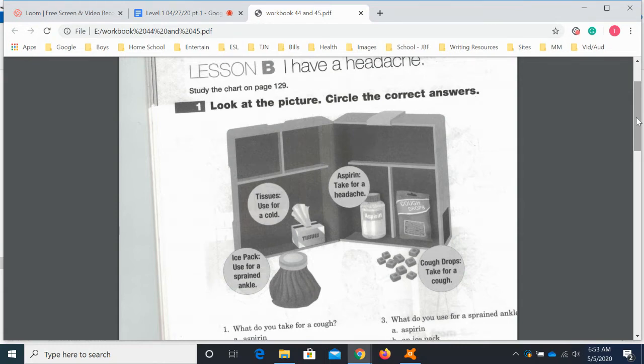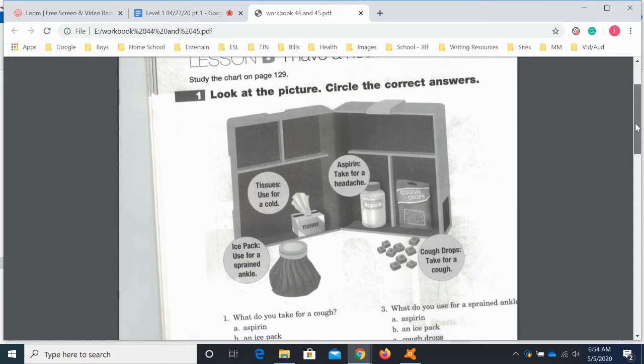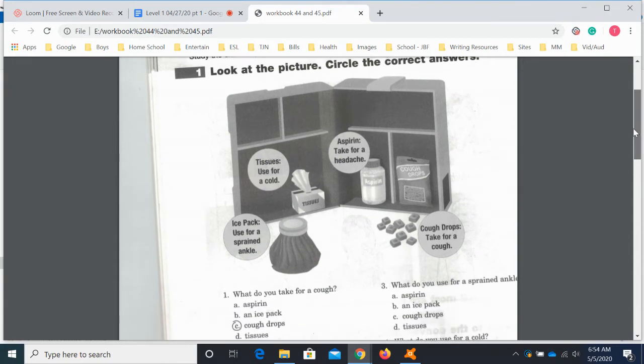And you see, you have different things that you can use for medicine, right? Or not just medicine, but to help you with some sort of sickness that you have.